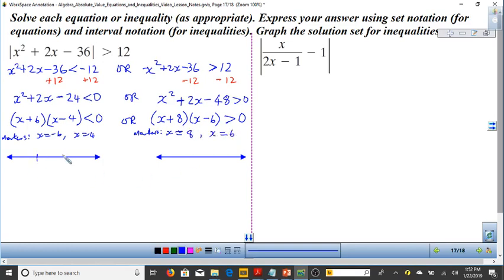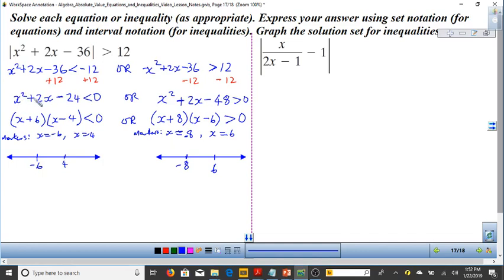And then what I would do is try numbers around them. I'm not going to show what numbers I try, I'm just going to tell you which numbers we're trying and then plug them into the expressions. So for this one, I'll try a number to the left of negative 6, say negative 10.